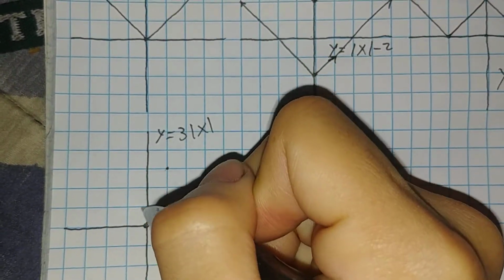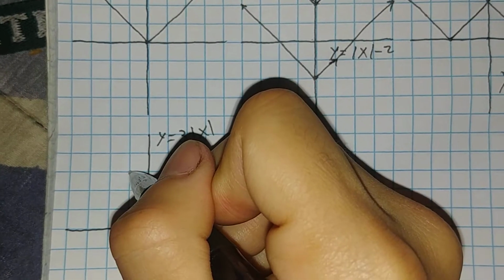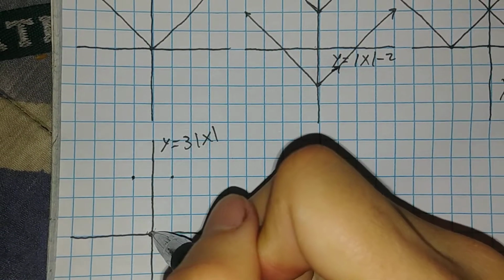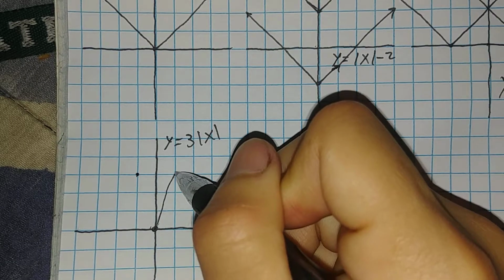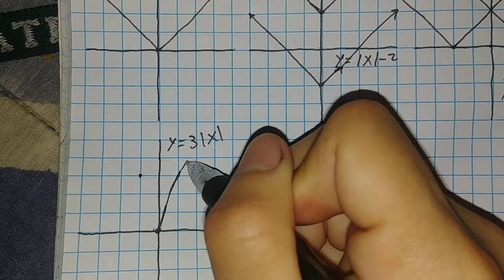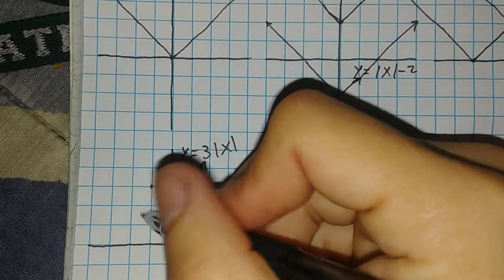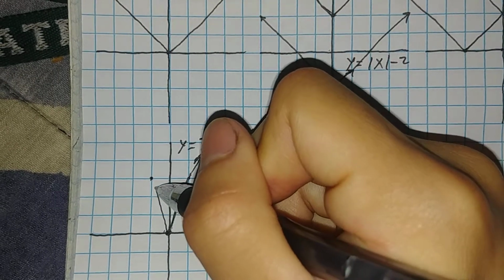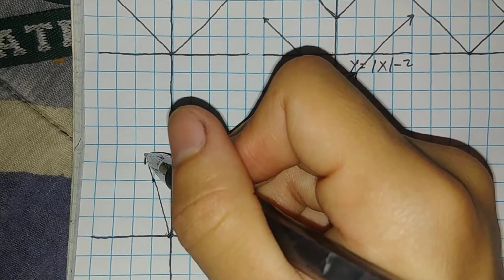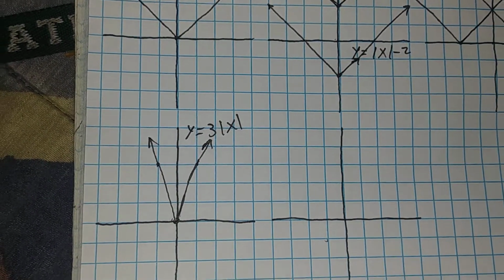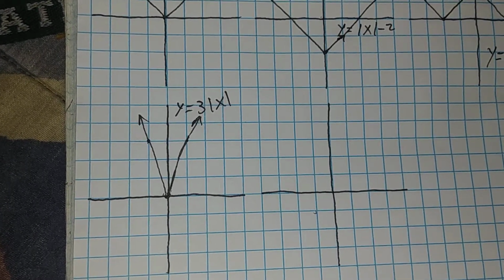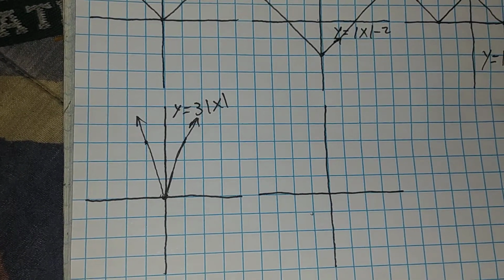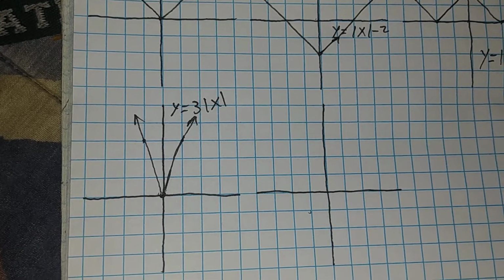It also goes the same way on the other side. So my graph looks like this, and it keeps going upwards. Now, as you can see, this is a horizontal compression.